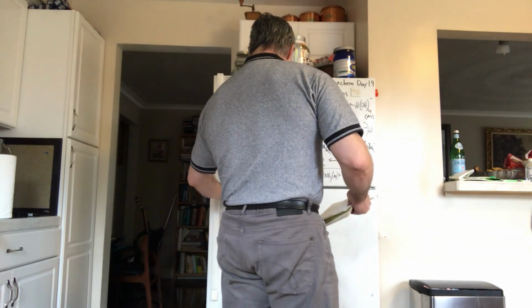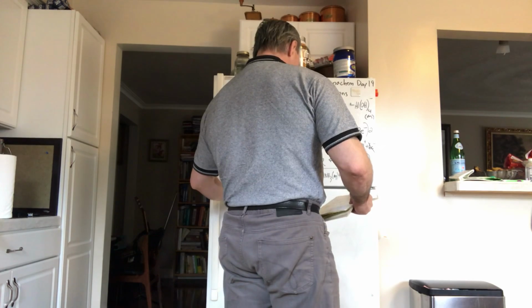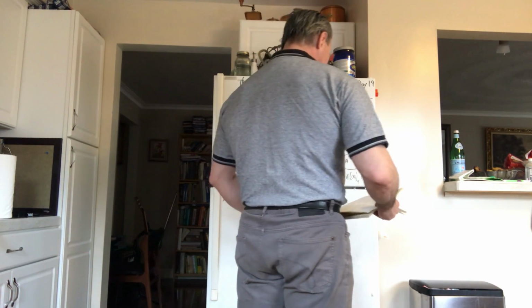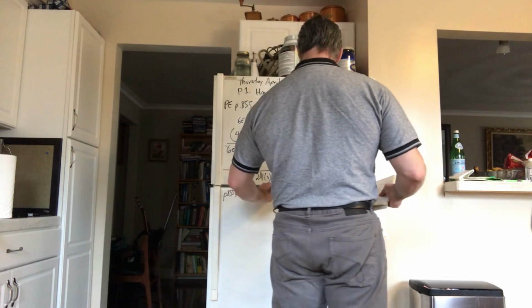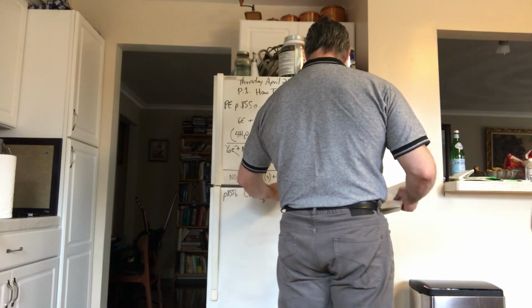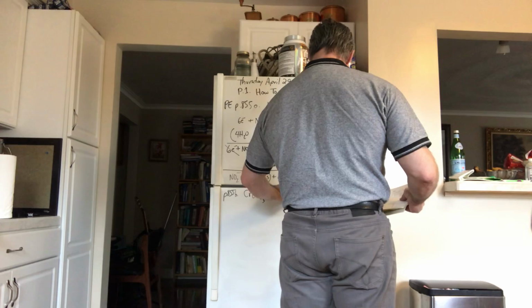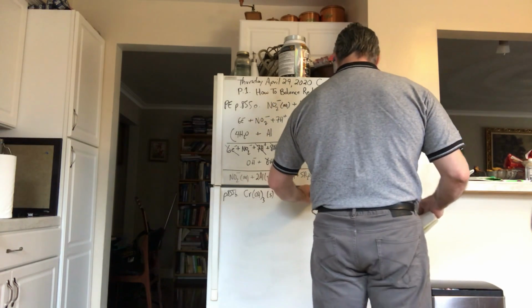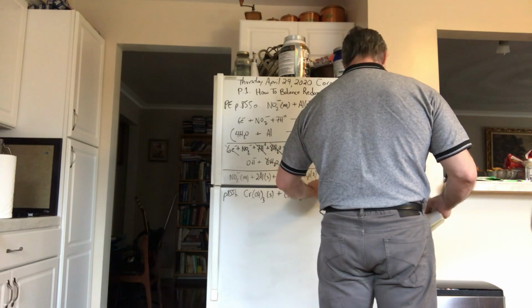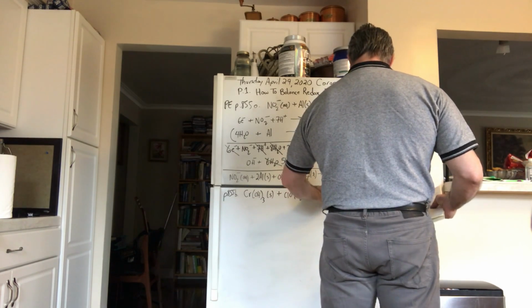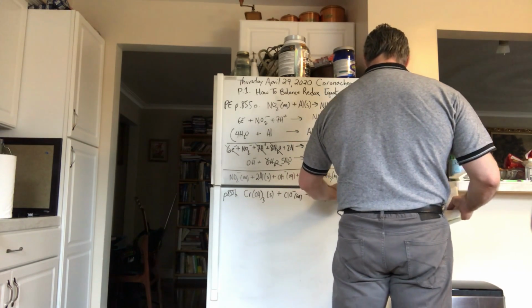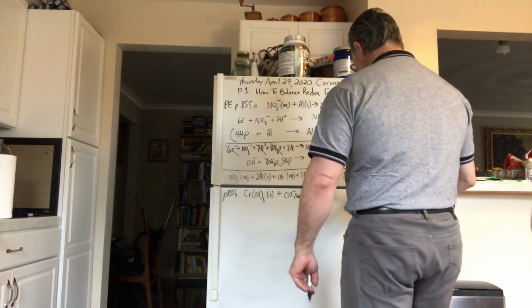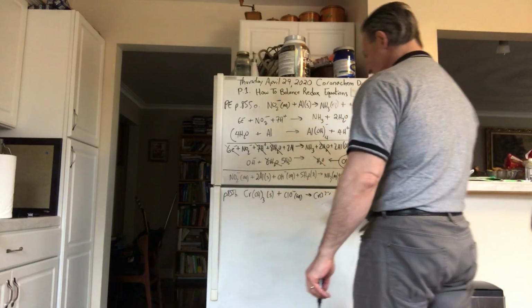But it goes chromic hydroxide, solid, plus hypochlorite, aqueous, turns into chromate, aqueous, and chlorine gas. Chlorine is a gas. Okay? Balance that under basic conditions.